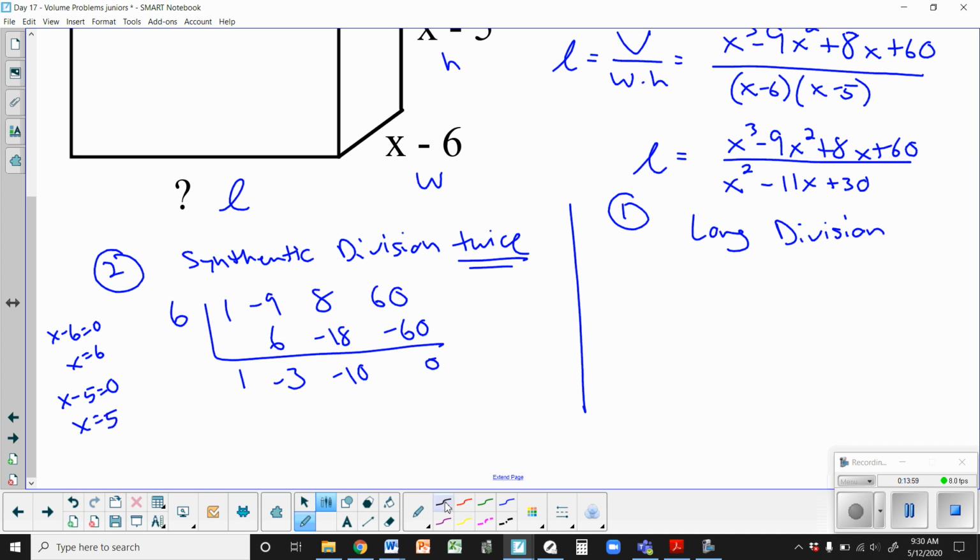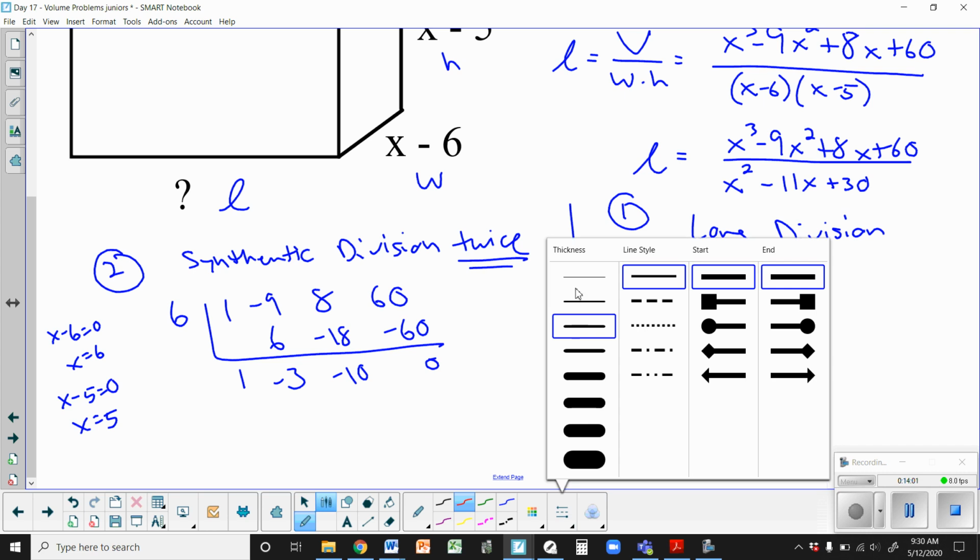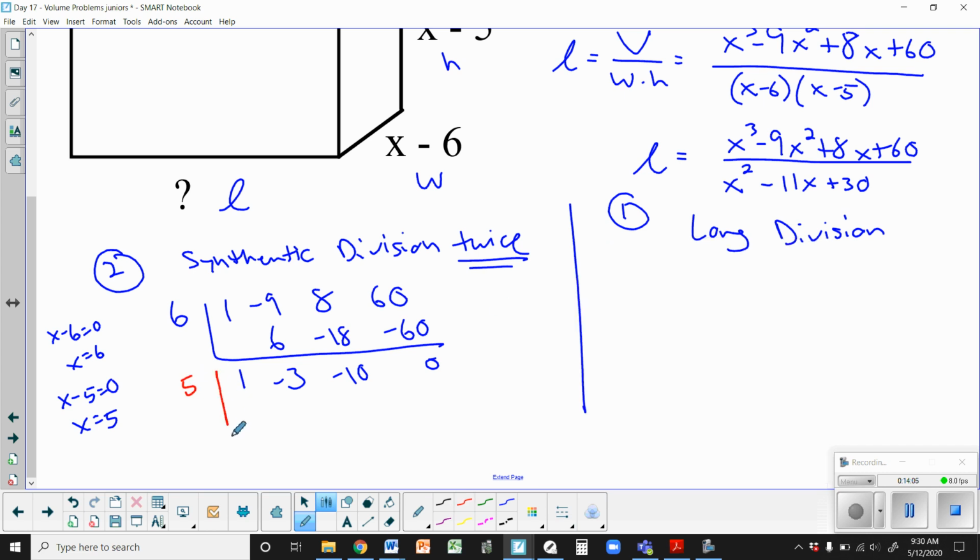Now watch this. This isn't a magic trick, but kind of. So I'm just going to use this again. I'm going to do synthetic division with these parts, with 5. So I bring down the 1. 5 times 1 is 5. Positive 2. 5 times 2 is 10. 0.